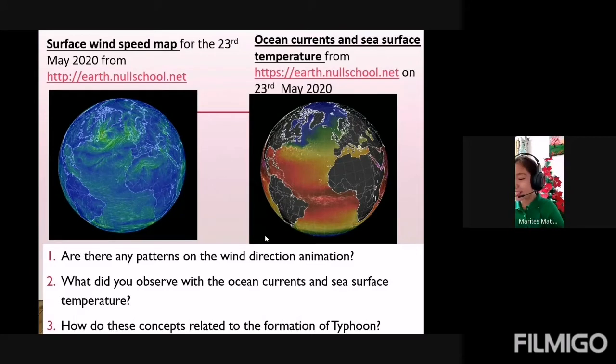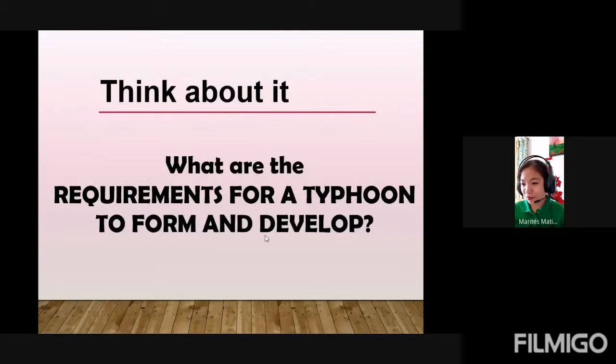Okay, so let's continue. Think about it. From the previous concepts or animation that we saw, what are the requirements for a typhoon to form and develop? Yes, Christiana. Ma'am, yung wind po, tapos po ocean current.